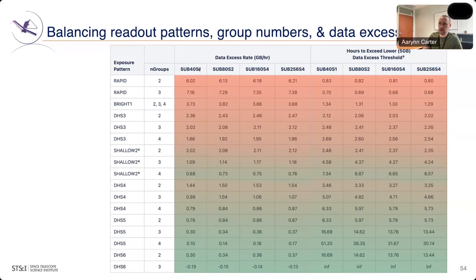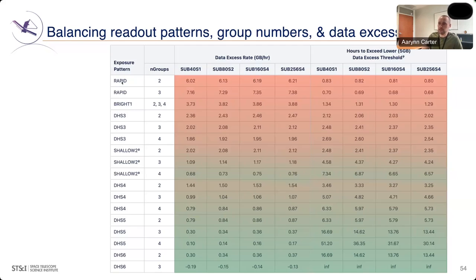In this case, we have sub 40S2. This is if you're extracting 2 spectra, 4 spectra, or the 2 8 spectra options. And then on the right, we have the same representation essentially, but instead of excess rate in gigabytes per hour, we have the hours to exceed that lower threshold of 5 gigabytes.